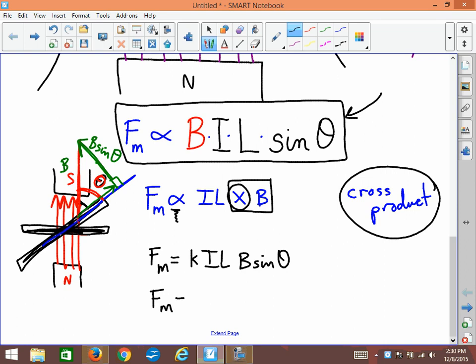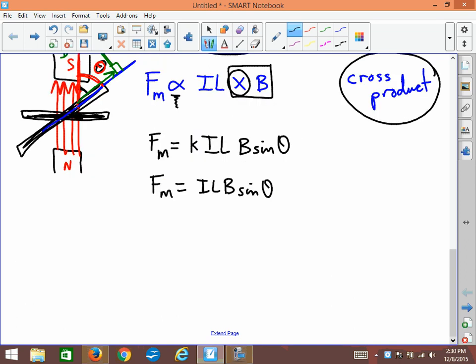And so if k equals 1, this just works out to I L B sine theta. I guess the book likes to write it this way because it spells Bill, and maybe that's easier for you to remember. But really, let's do it this way so it's nice and simple.